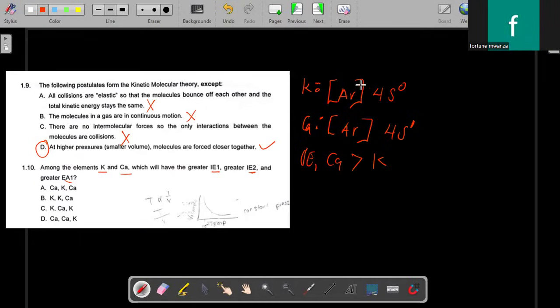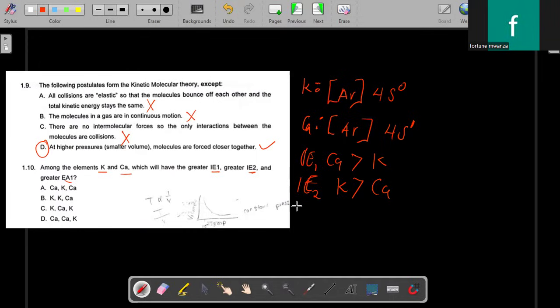For potassium, the electrons are now core electrons, meaning you are done with the valence electron. So you target the core electrons, which requires a very big amount of energy to remove, unlike this one, which is still a valence electron and can be easily removed. So in terms of the second ionization energy, E2, you need a lot of energy to remove the second electron from potassium compared to calcium.